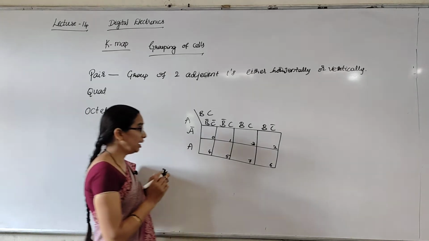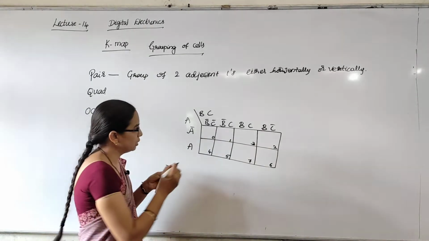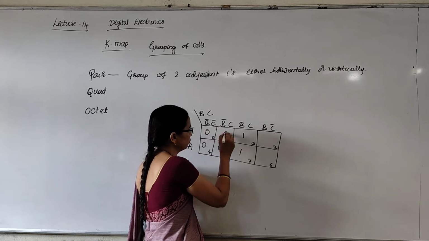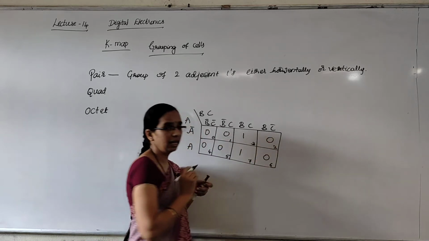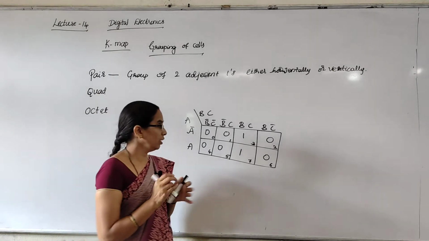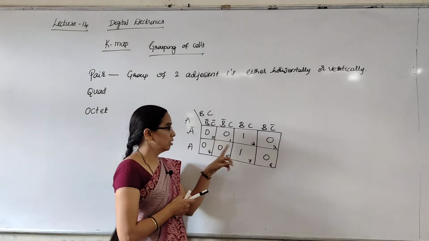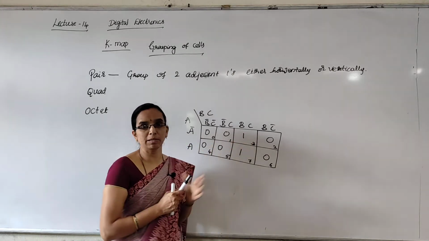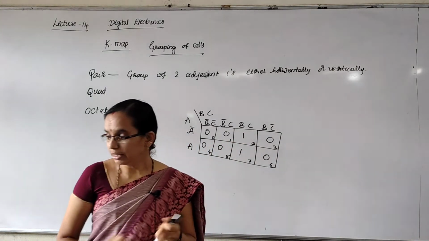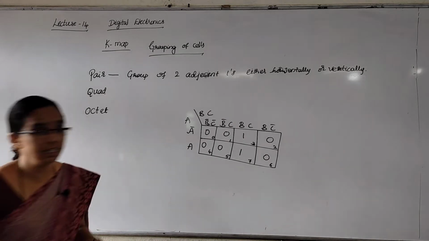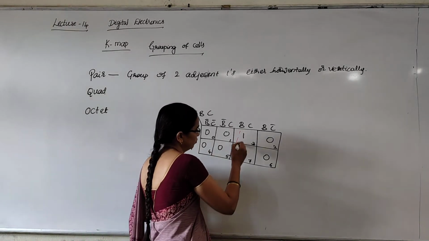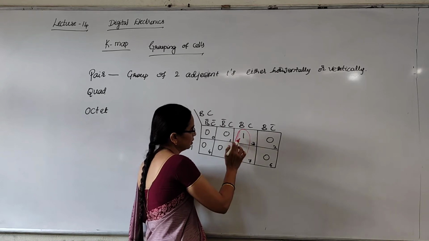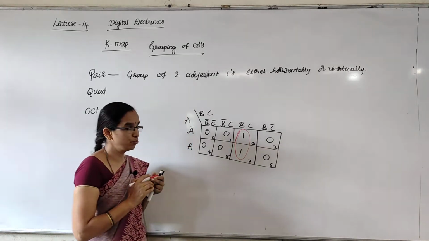If I have ones here and here, others will be 0. If I have a Boolean expression where high values are there in these two cells and remaining will be 0, so now I will make a group of these ones.